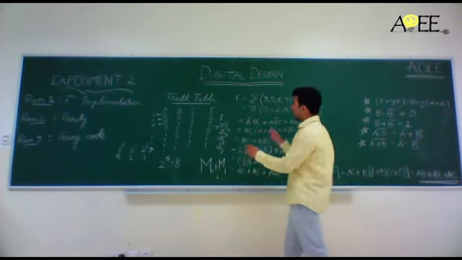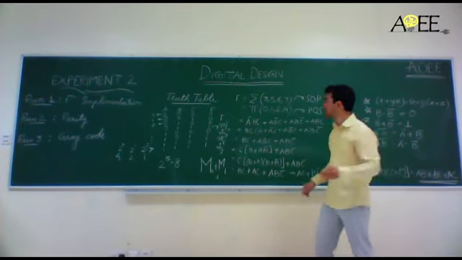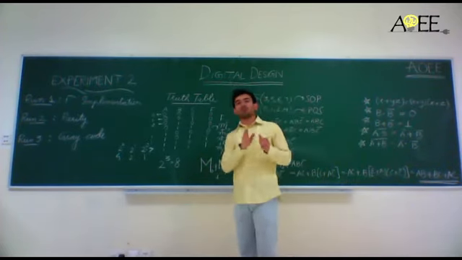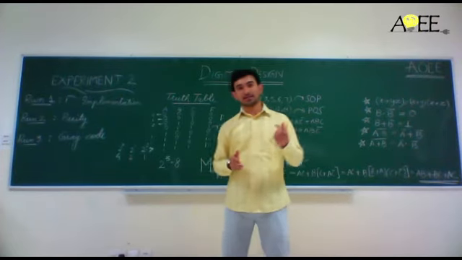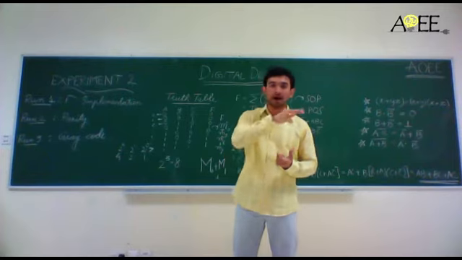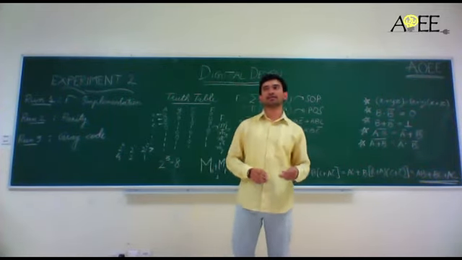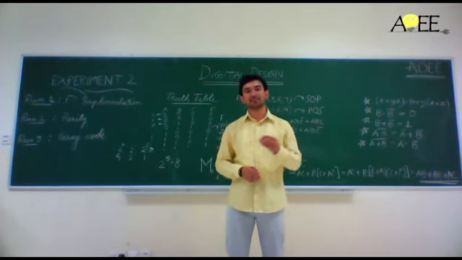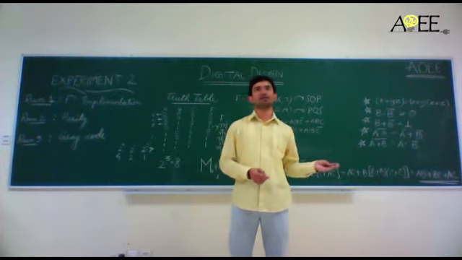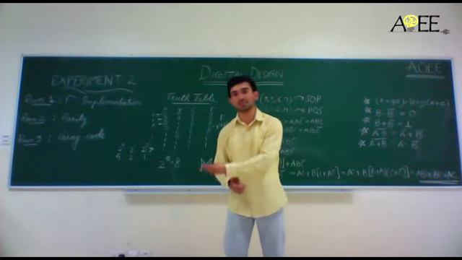Now starting with how this function is written in the form of SOP. The way SOP form works is that if I have 0, that will stand for a bar. If I have 1, that will stand for the same letter. So if I have A, B, C, that means I have 1, 1, 1. If I have 0, 1, 0, that means I have A bar, B, C bar.